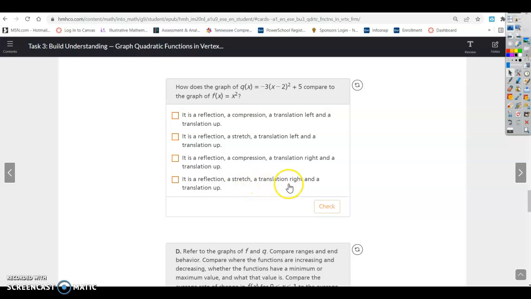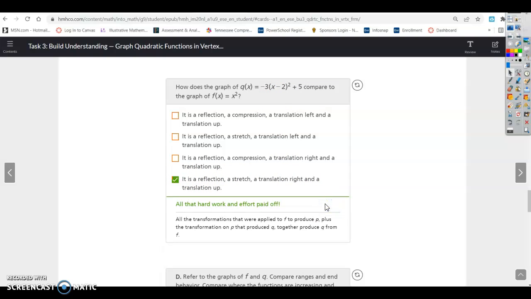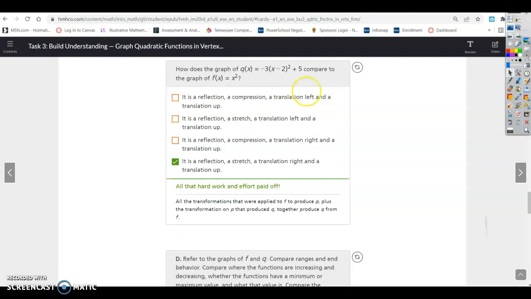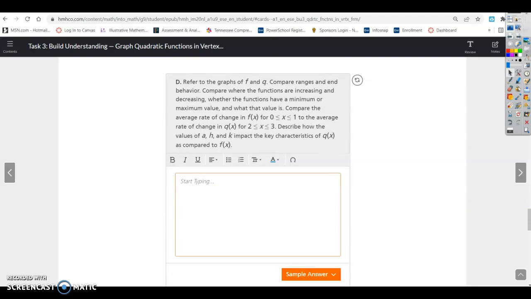A translation to the right. It goes right because it goes opposite the way you expect it to. Since this is -2, it's going to translate to the right, and this one goes up. So the fourth answer talks about each movement that happens because of the different parts of the function, the different numbers that are added.